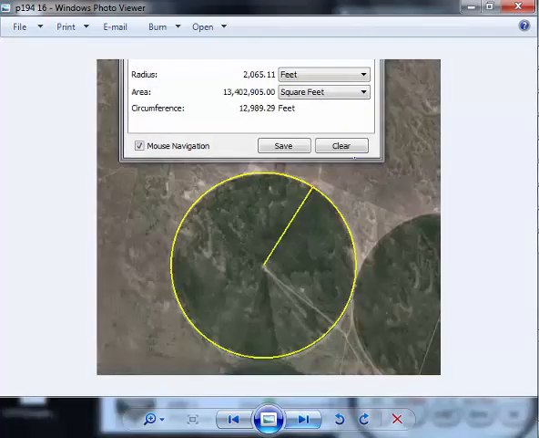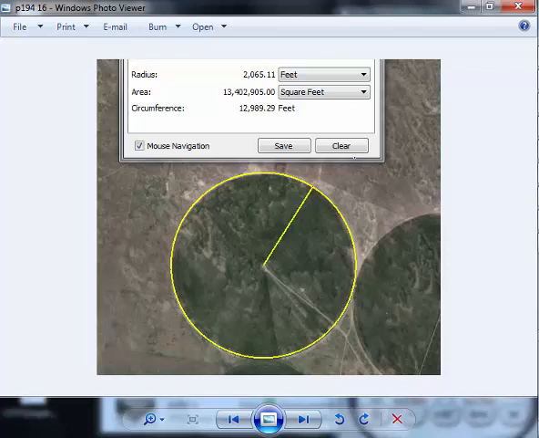Number 14, it says, I'm sorry, this is actually closer to number 16 because this is a big circle. The distance around the circular park is 2.5 miles.